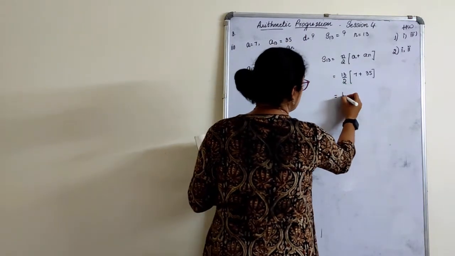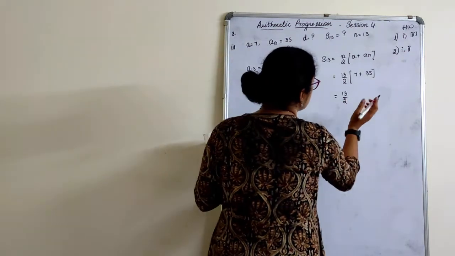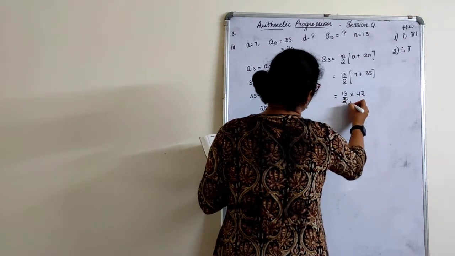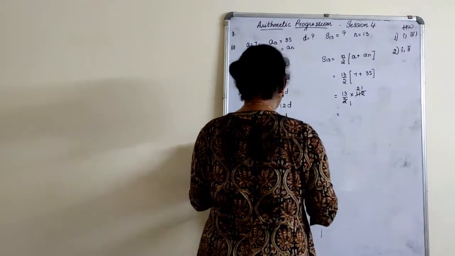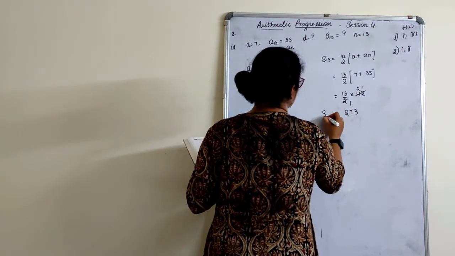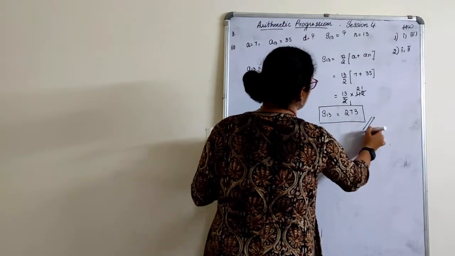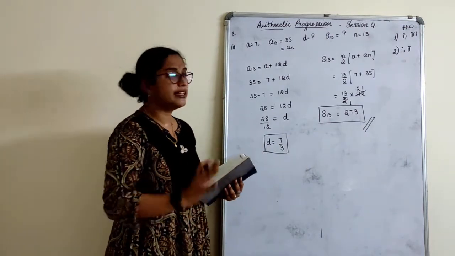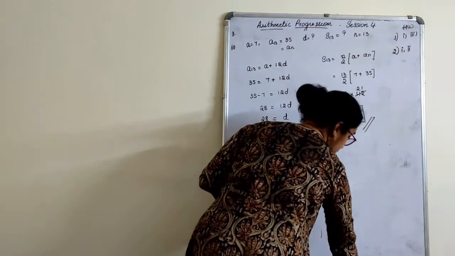Let's not do anything. 13 by 2, 35 plus 7 will give you 42. 2 ones are 2, 2 twos are 4, 13 into 21, you get 273. S13 is equal to 273. See, our work became very simple. You can also apply the Sn formula and do it. That's all what you have to do here. Very clear? We'll quickly move to the next one.